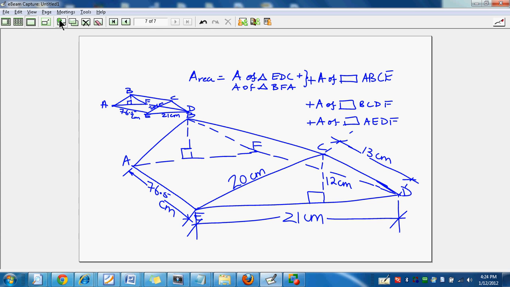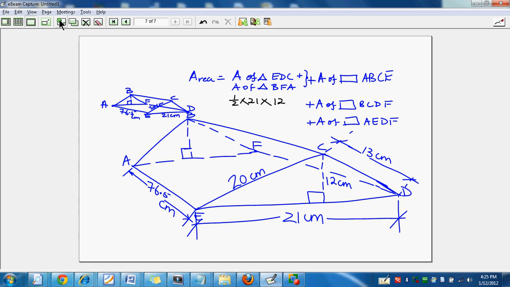What's the area of the triangle EDC? The area of the triangle EDC could be found by saying a half base by perpendicular height. Right? That's the most basic equation we know for triangles. In this case, the base is 21 and the perpendicular height is 12. So it'll be a half by the base, which is 21, by the perpendicular height, which is 12.